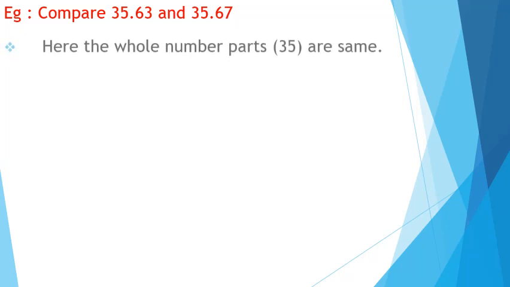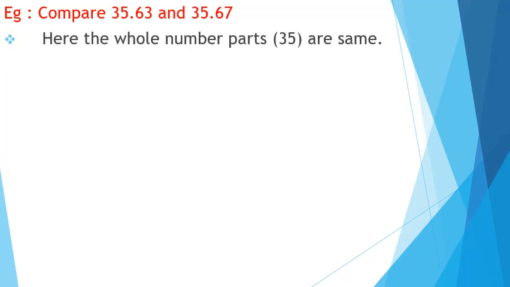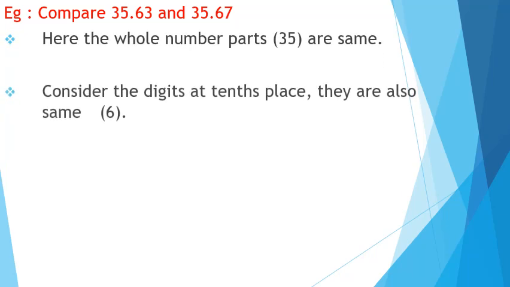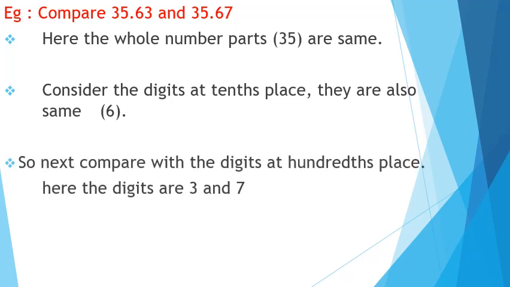Compare 35.63 and 35.67. Here the whole number part 35 are same in both the numbers. So consider the digits at the tenth place. It is 6, that also same. So we can go with hundredth place.